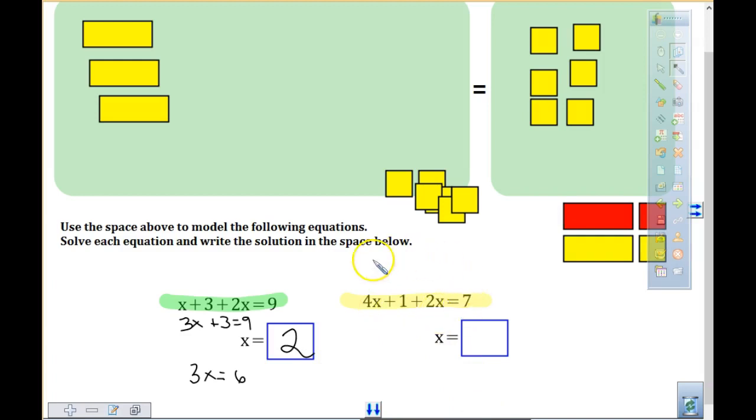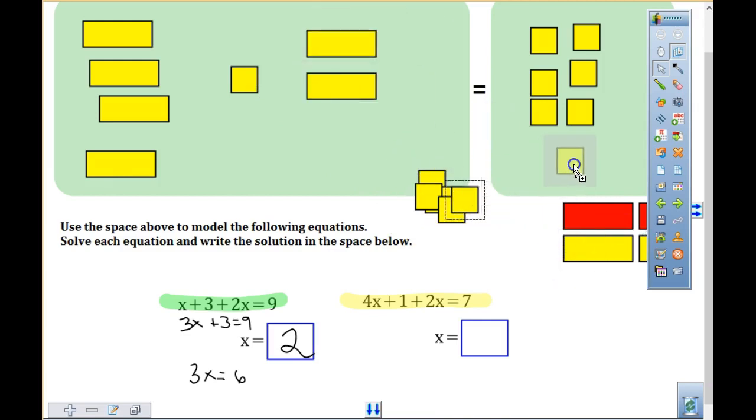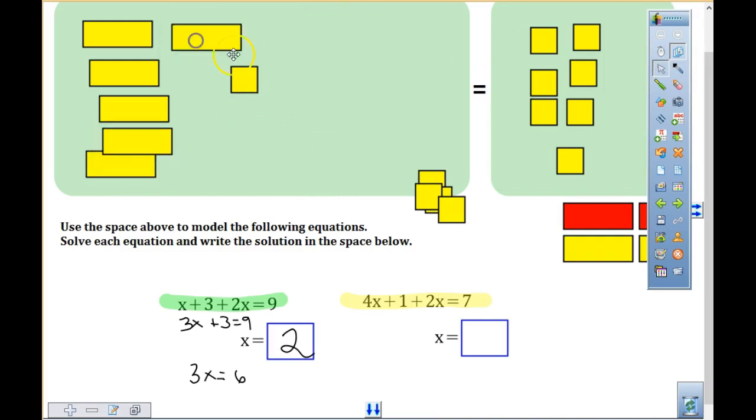I would like you right now to model this equation, right? So 4x plus 1 plus the 2x is equal to the 7. I'm going to come around and check yours, that you have it set up first. So I heard a few of you, when you rearranged this, so you had your 6 x's, right?